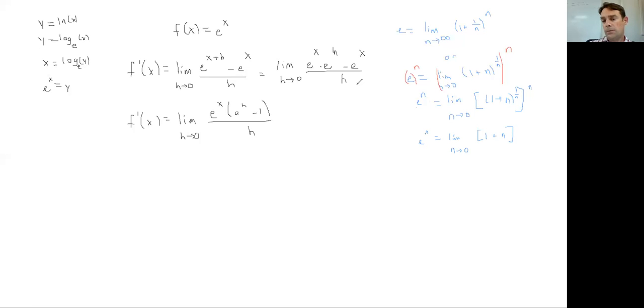So what if we just, because n is just a random variable, what if we let n be equal to h? Now all of a sudden we would take this e to the n and that would become e to the h.